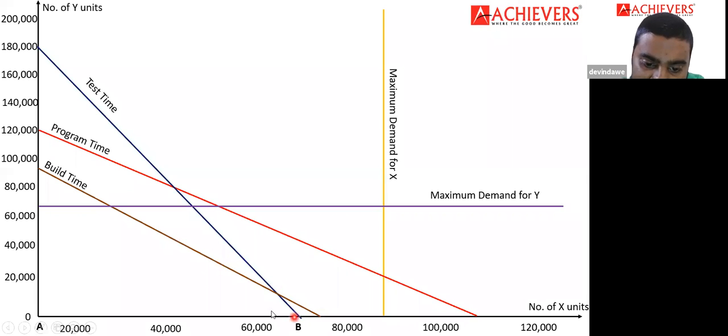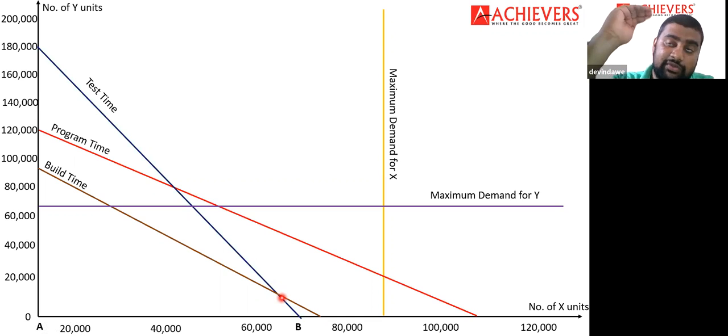I am moving along the test time, and when I hit this corner, I have reached the maximum amount of build time and can't go any further, because it's like hitting a wall. I don't have any more resources to produce above that level. Clear?